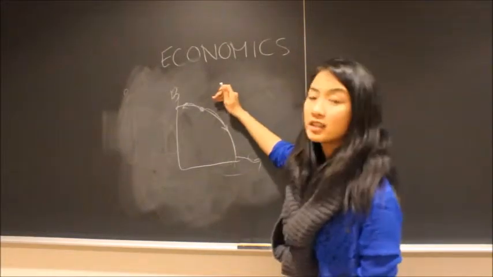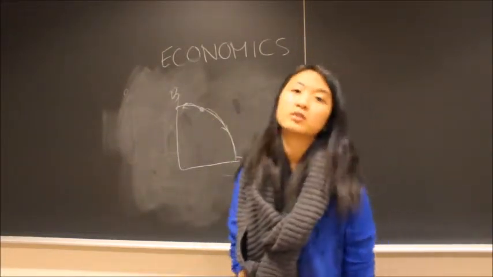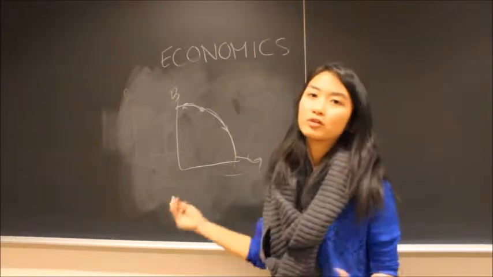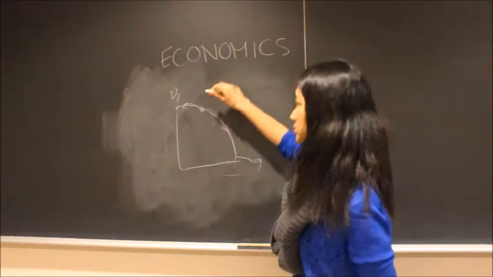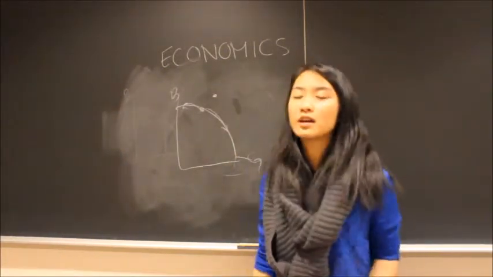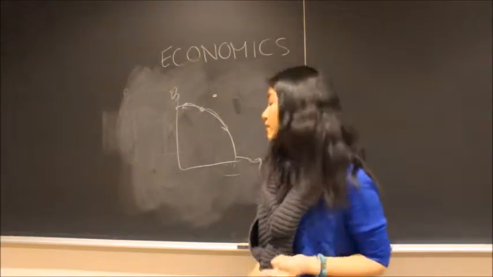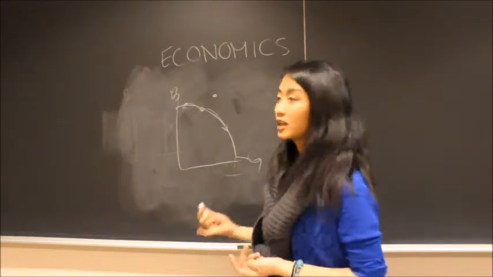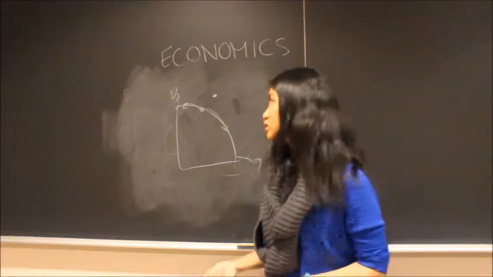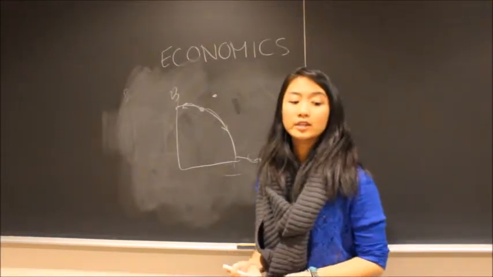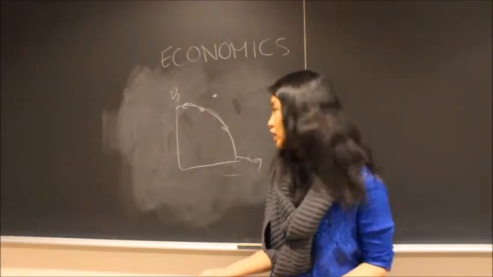And we can't get past here because we don't have the resources to produce that. So how do we grow to produce at, let's say, this point? There are 2 ways. The first way is technological growth, as I mentioned before, and the second way is an increase in your factors of production.